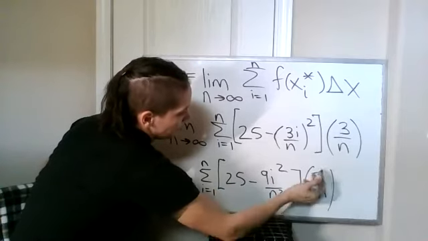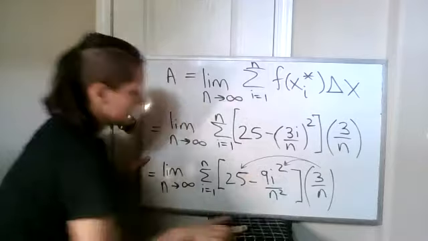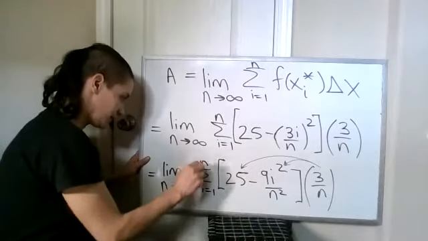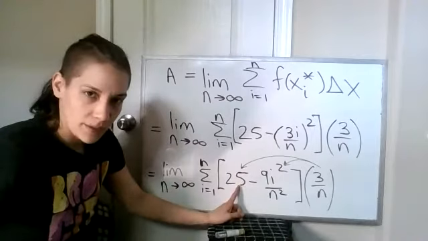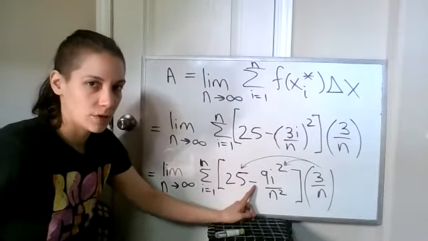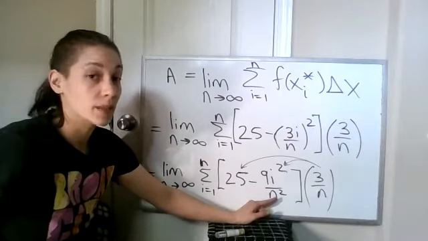Okay, distribute this piece here and over there. So, 75 over n, subtract 27i squared over n cubed.